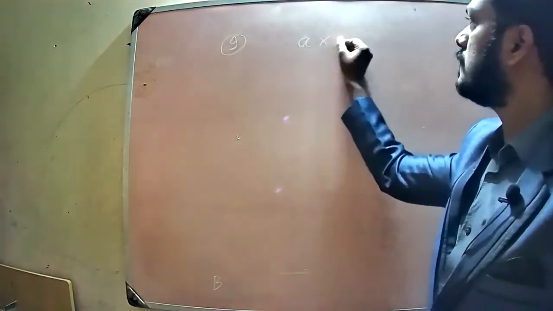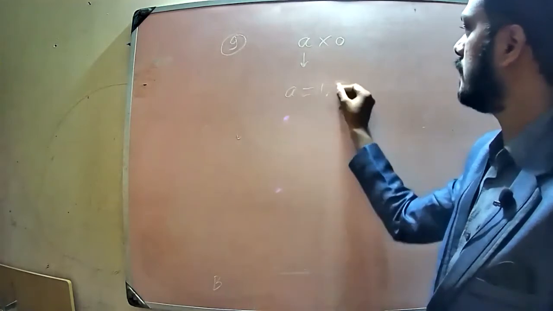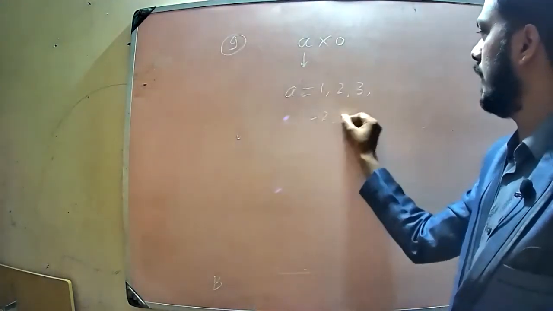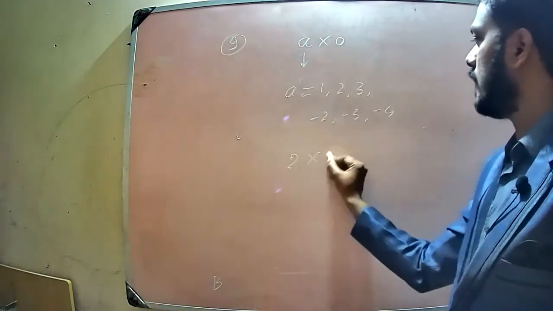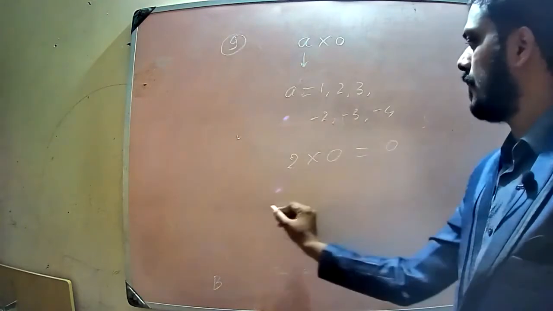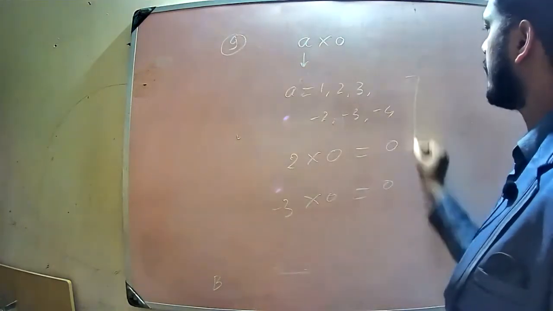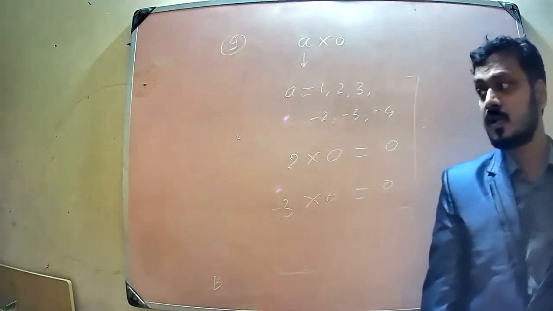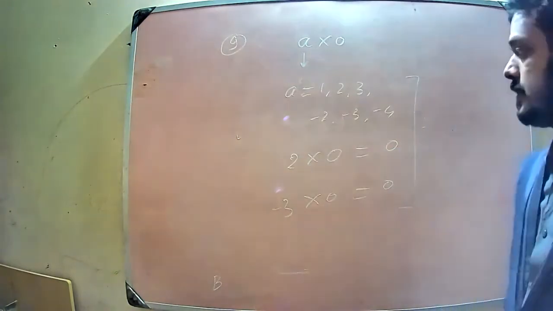A into 0, we can take a equal to 1, 2, 3, or you can take -2, -3, -4 and so on. 2 into 0, the answer is 0. -3 into 0, again the answer is 0. So the actual meaning of the zero property is that the answer always converts into 0.